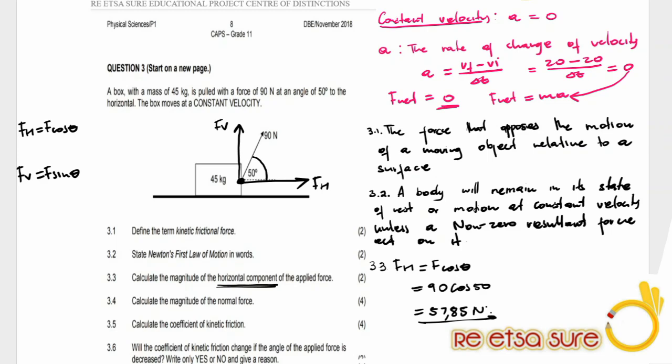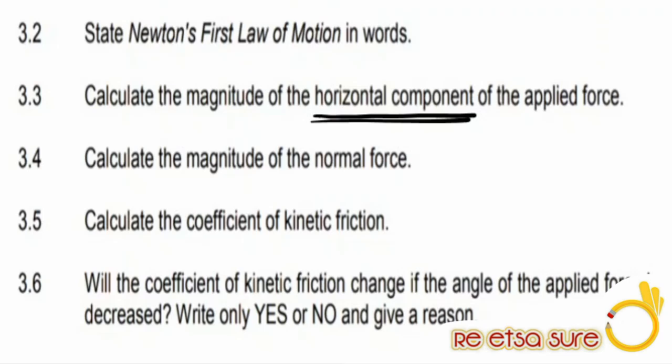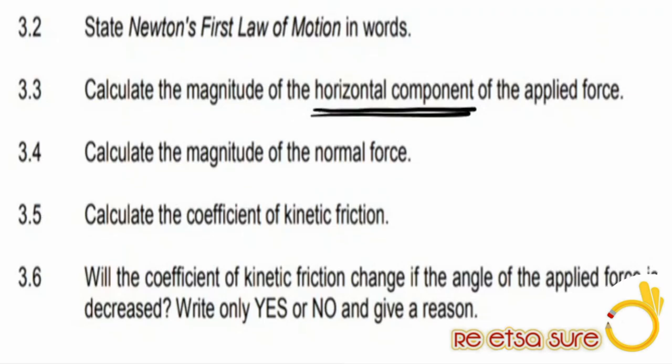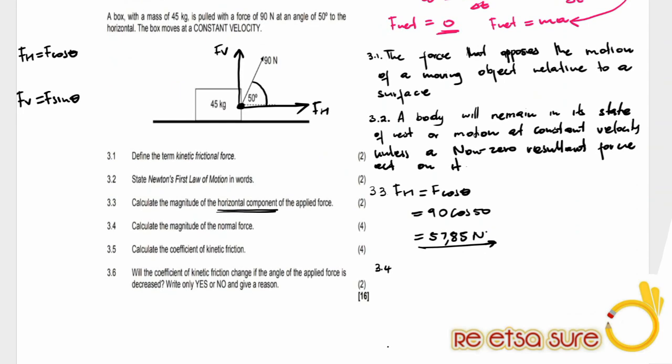And then now let us go to 3.4. 3.4 for 4 marks. Calculate the magnitude of the normal force. Before we can calculate the magnitude of the normal force, let us draw the free body diagram of the 45 kg block.